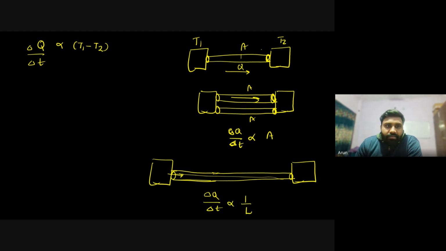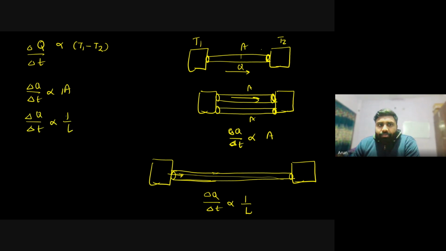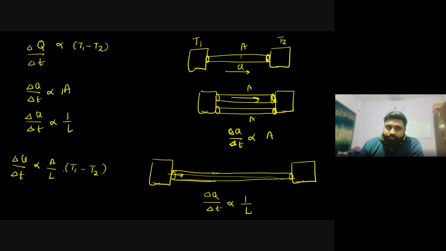If you combine these all, delta Q by delta T is directly proportional to A, and delta Q by delta T is directly proportional to 1 by L. Then what will you get if you combine all of this? Delta Q by delta T is directly proportional to A upon L into (T1 minus T2).